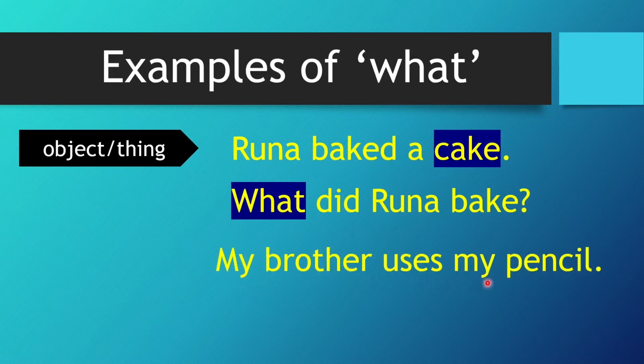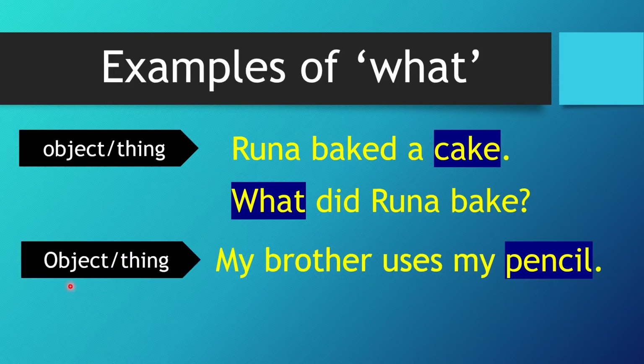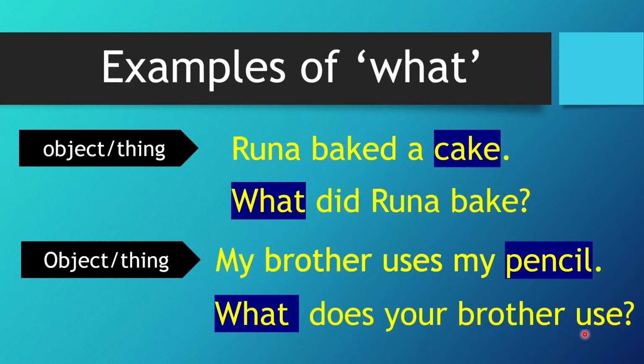My brother uses my pencil. This sentence is given in present tense. So, pencil. Here, pencil is the object or thing. So, we will make the question as, what does your brother use? Now, let me show you how. What is indicating the pencil here?